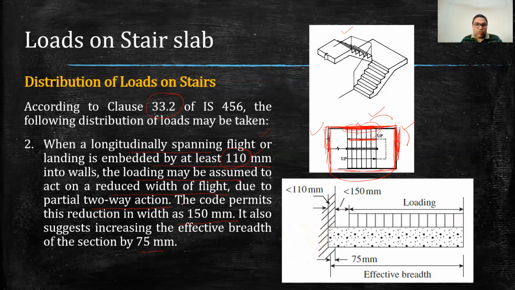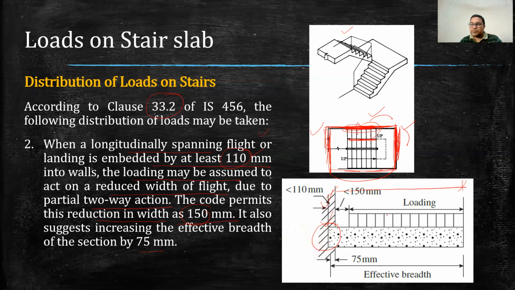So that reduction is said. Yes, the code permits this reduction in width as 150 mm. Earlier we thought that load will be coming on the whole slab, but because it is inserted in the side wall and supported on this wall, some load can be reduced here. Why? Because some load is carried by this wall, while we have not considered this in our design.